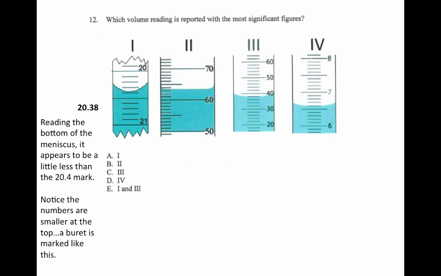Notice within case 1 there, the numbers are smaller at the top and they increase as you go down. The burette you use in lab is going to be similar to that. Take a second now, reading from the bottom of the meniscus, how would you report the readings for the containers 2, 3, and 4? Pause the video and see which of these has the most significant figures.